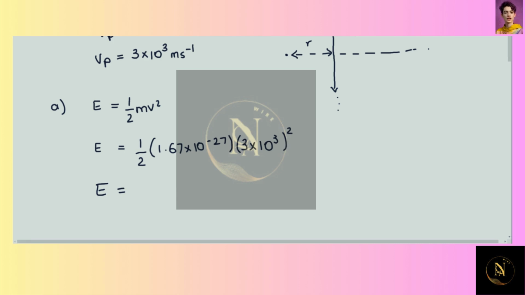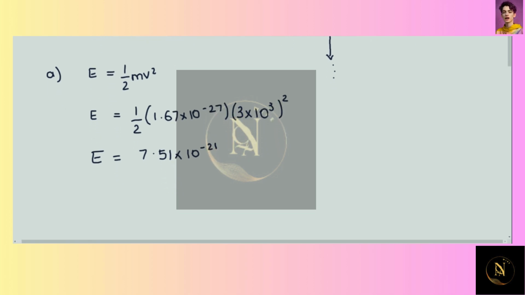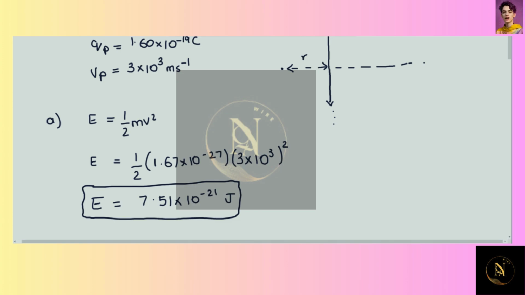Now we can go ahead and evaluate this expression using a calculator, and that gives us E is equal to 7.51 into 10 to the negative 21 joules. So that is our answer to the first part.